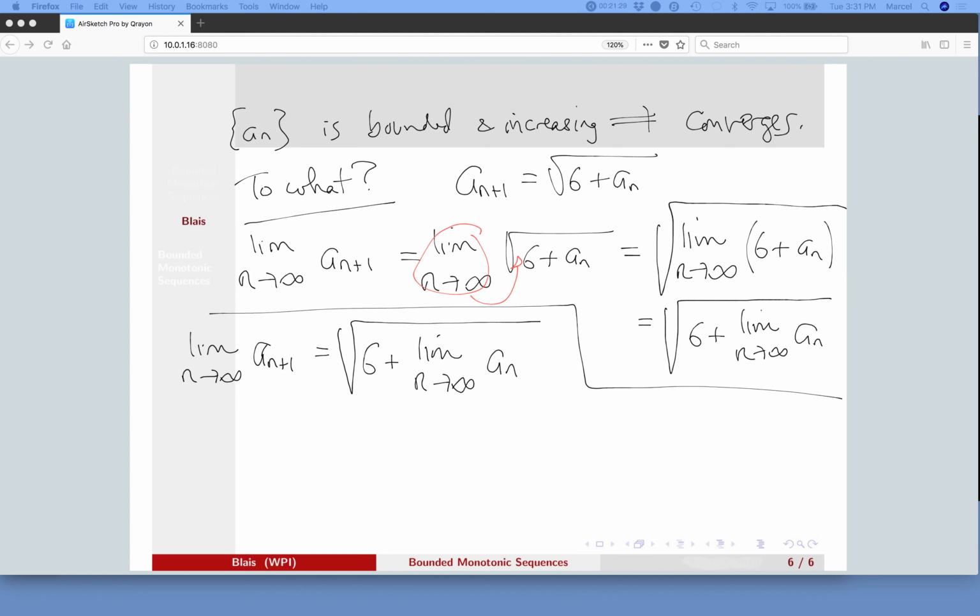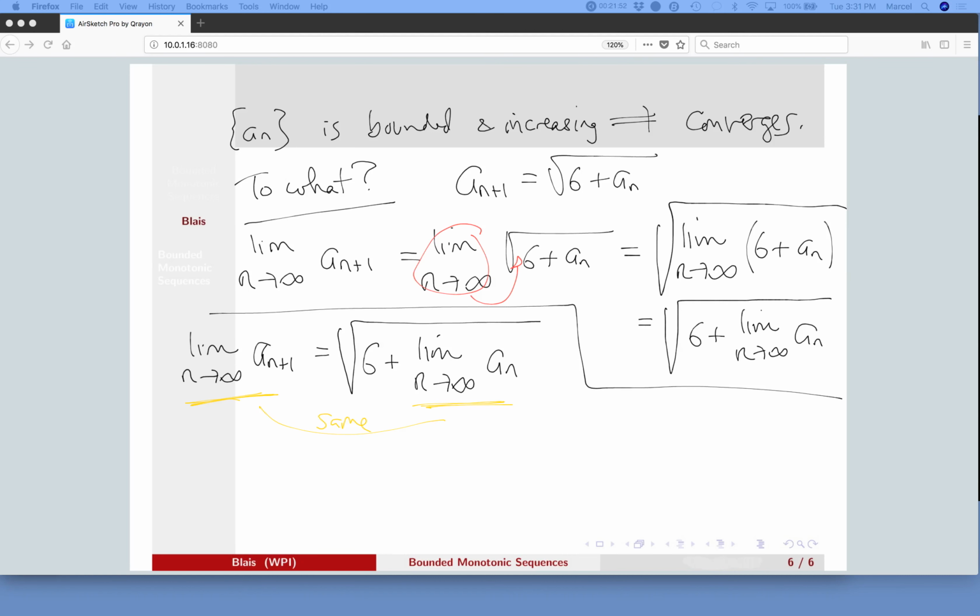Now remember, our bounded monotonic theorem tells us that this limit and this limit both exist. The a sub n sequence converges. And the key insight here is to recognize that this limit and this limit are the same.